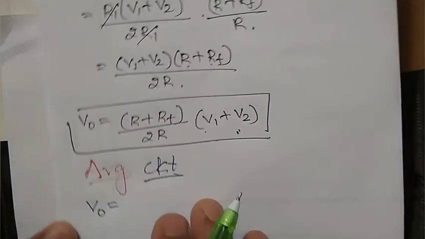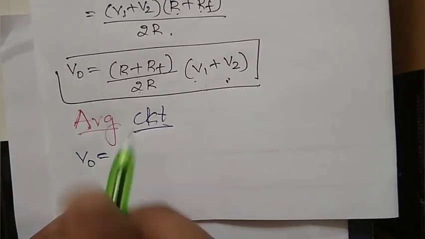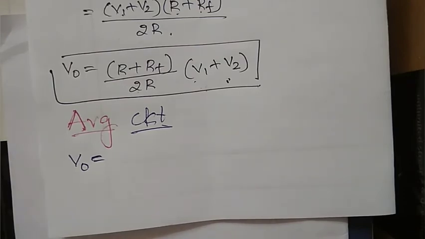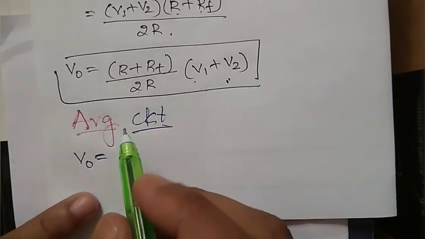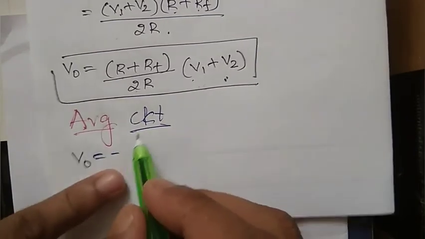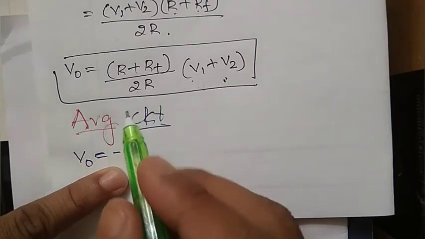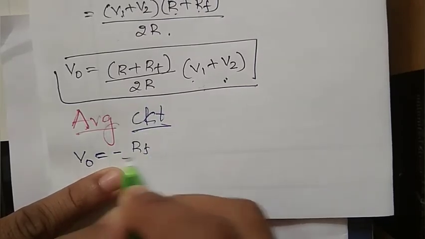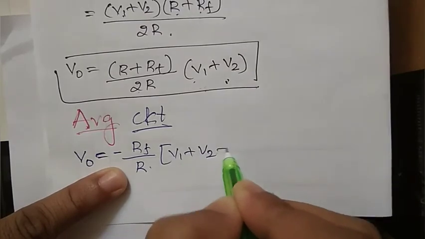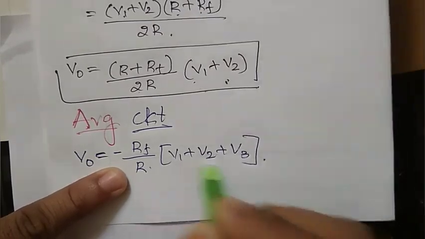You just have to choose the resistor values and other parameters, then your op-amp becomes an averager, adder, summer, subtractor, differentiator, integrator, and many applications are there. So here we are considering V0 equals minus RF by R into V1 plus V2 plus V3.